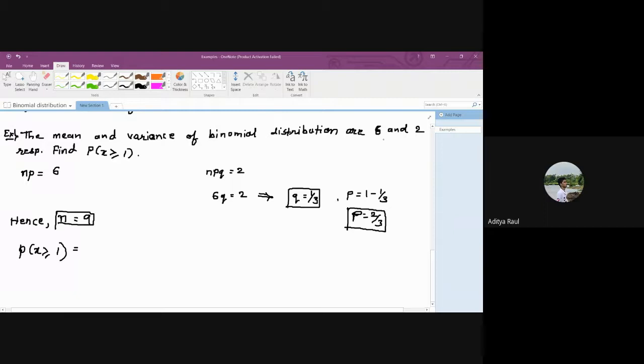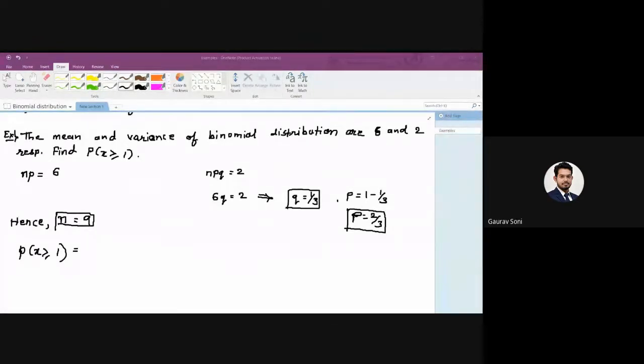If the probability of failure is 1 by 3, we can find the probability of less than or equal to 1.